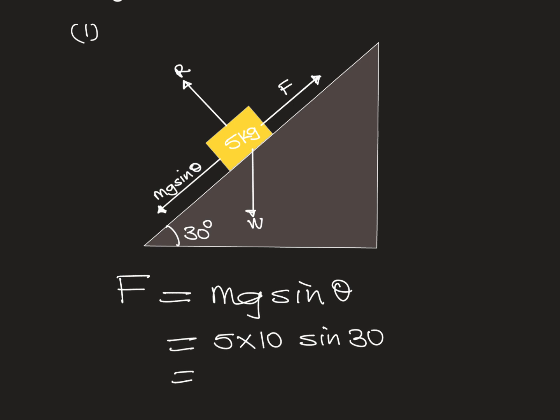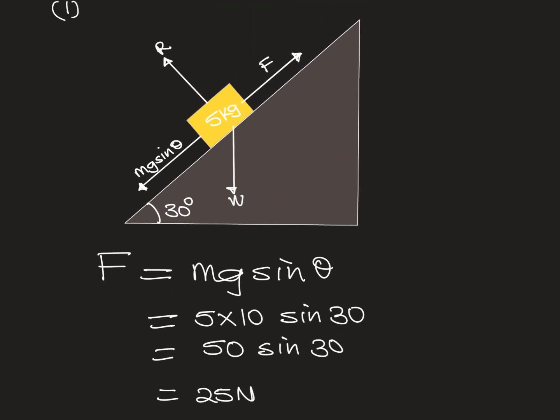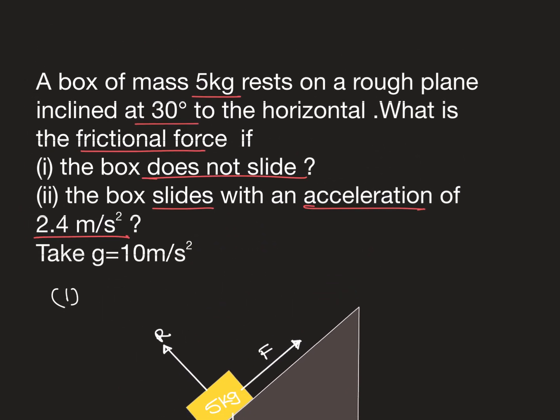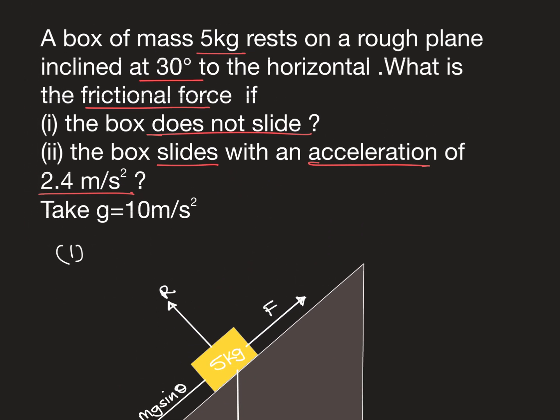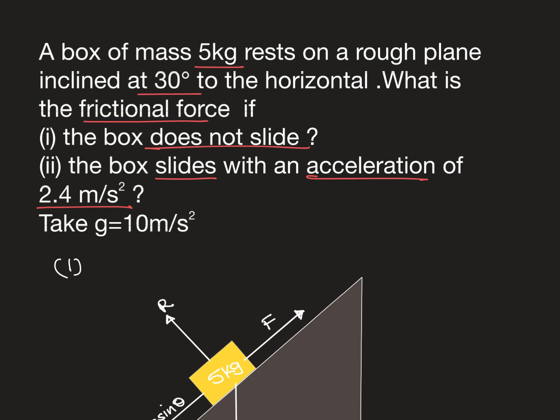So that will be 50 sine 30. And what is 50 sine 30? That is 25 newtons. So the frictional force that is needed to prevent the object from sliding is 25 newtons.